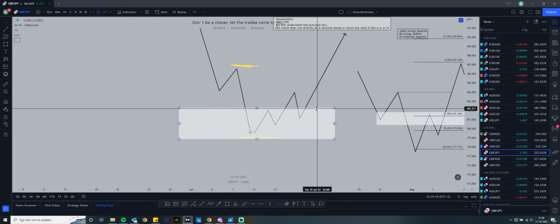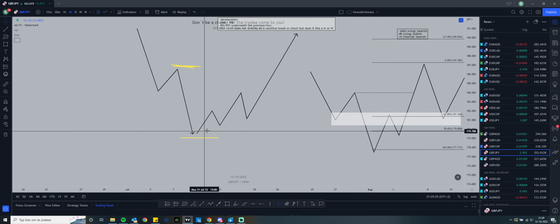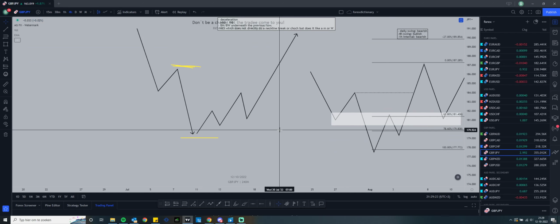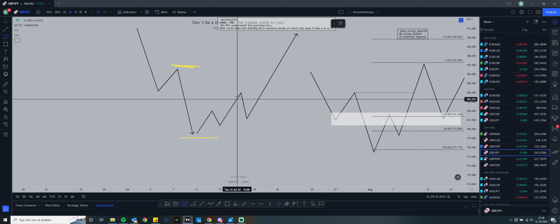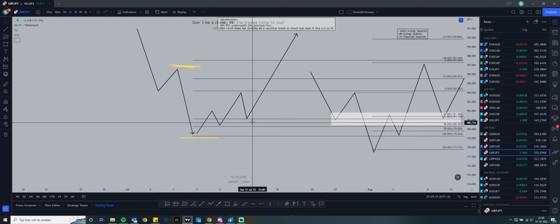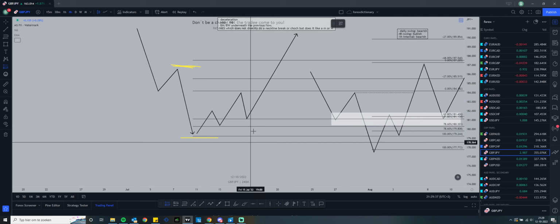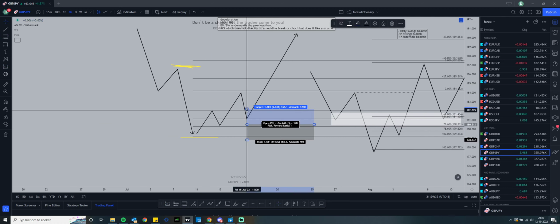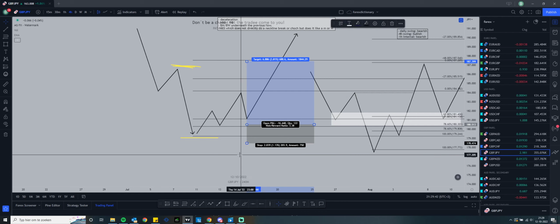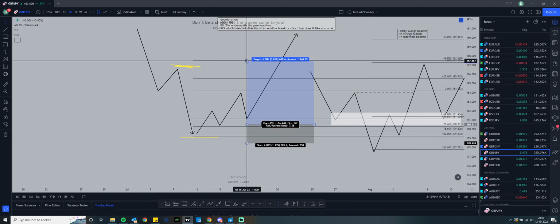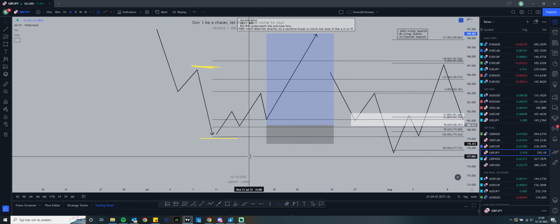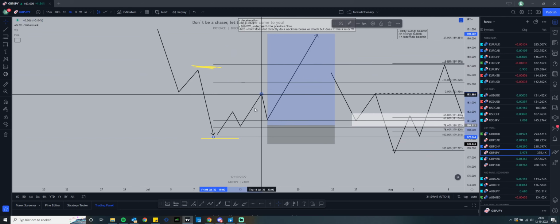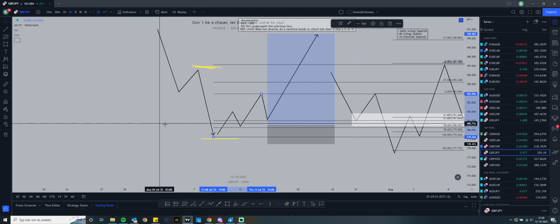Take it back, for example. If you would enter this, you would enter it on the last higher low, where your cursor is right now. You would look for an entry, something like this. This would be your entry, because you take the tip, and then you look on the line graph for a certain pivot point.